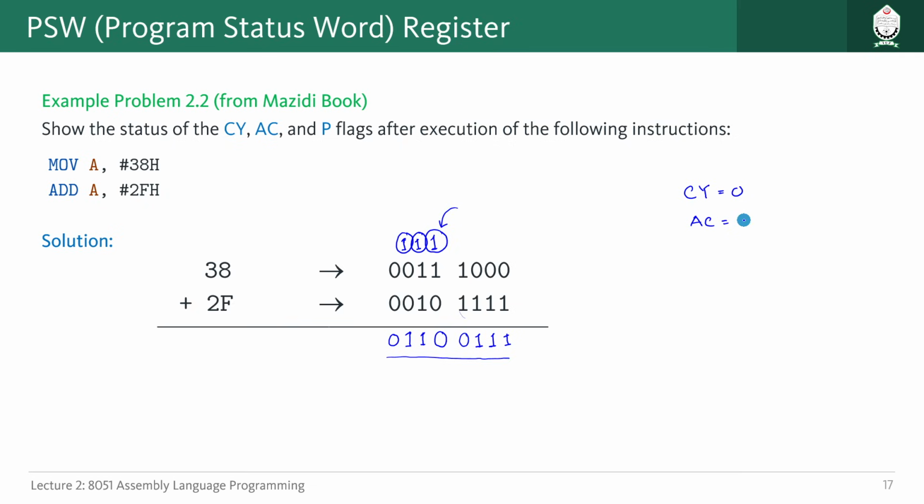So we can say AC should be equal to 1, and parity is defined based on the number of ones we have. So we have 1 2 3 4 5, an odd number of ones, 5 ones, so we can say P, or parity, should also be 1, right? So these are the results we have after execution of these 2 lines.